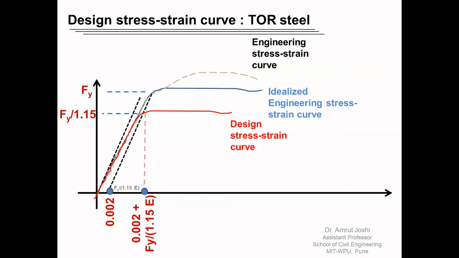So we observe two things here. Design yield stress for torsteel is going to be Fy upon 1.15, whereas design yield strain is going to be 0.002 plus Fy upon 1.15 times E of steel. So let us summarize.